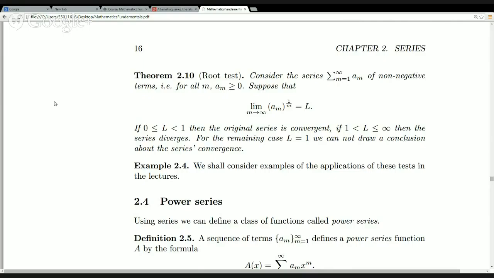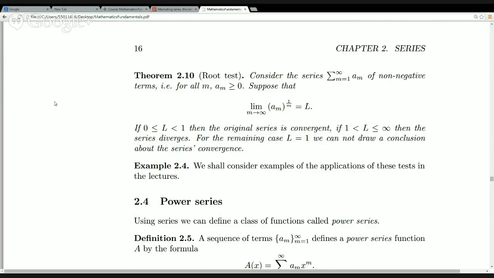And if it's strictly bigger than 1, then you've got a divergent series. And again, we have this borderline case where the limit L is exactly 1. There you don't get any new information about the convergence or divergence. It's on the borderline, and it could be falling either side of the borderline. You don't know. You need other methods to examine that.